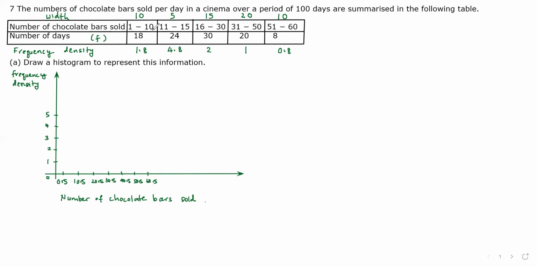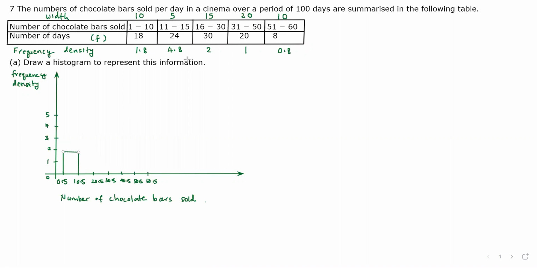From 0.5 to 10.5, we have a density of 1.8, so 1.8 is somewhere here. You'll be given graph paper during the exam, so you will not have this problem. You can draw a perfect scale using the graph paper.